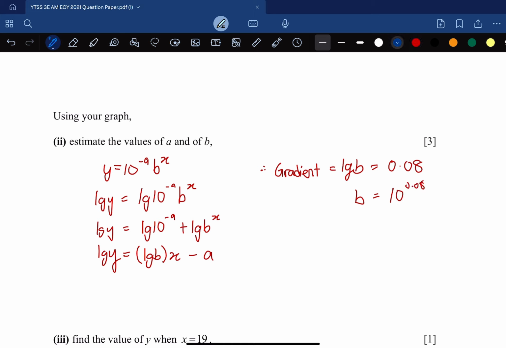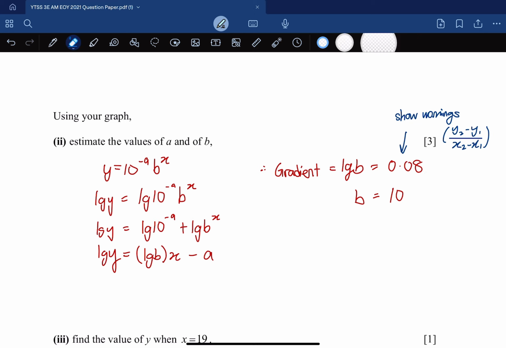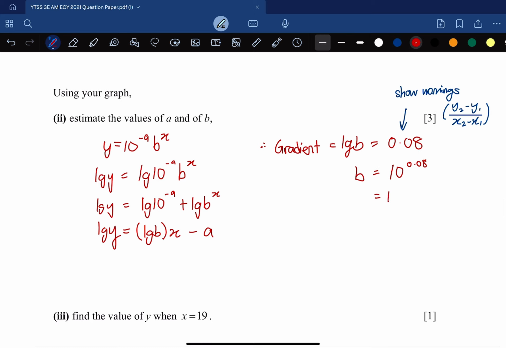But for this one you must show workings. I'm not showing over here because I cannot get the accurate points, but you should be showing the workings of y2 minus y1 over x2 minus x1. Then your b should be about 1.203 to 4 SF.